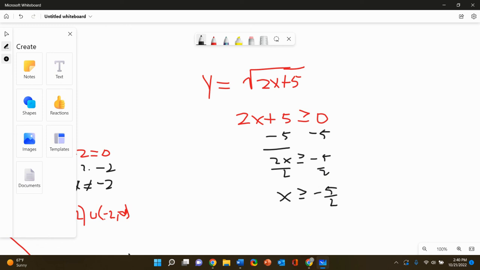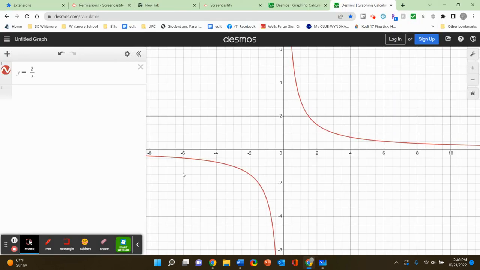Now, I'm pretty sure when we go look at the graph, that's going to be my domain, that my domain is -5/2 to infinity. And that's going to be included in it. So we'll put a bracket on the included value. So let's go and look at the graph. So we're going to change that to square root. And just to save time, I'm going to use this.